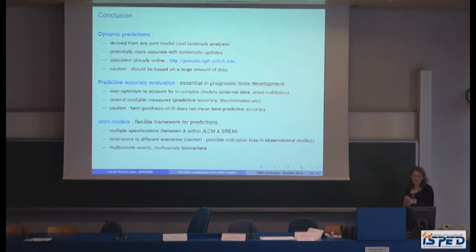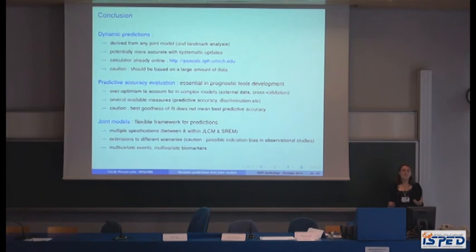There are several available measures, so I focused here on the EPOC, but we also have the error of prediction, and the discrimination with the AUC. And again, I wanted to put a caution here. I should do some Bayesian information criterion and some evaluation of the predictive accuracy.